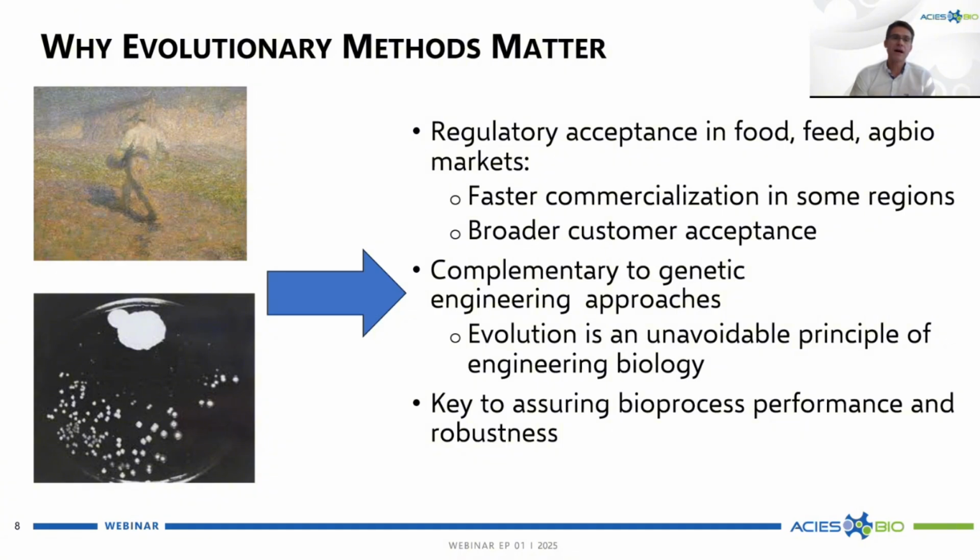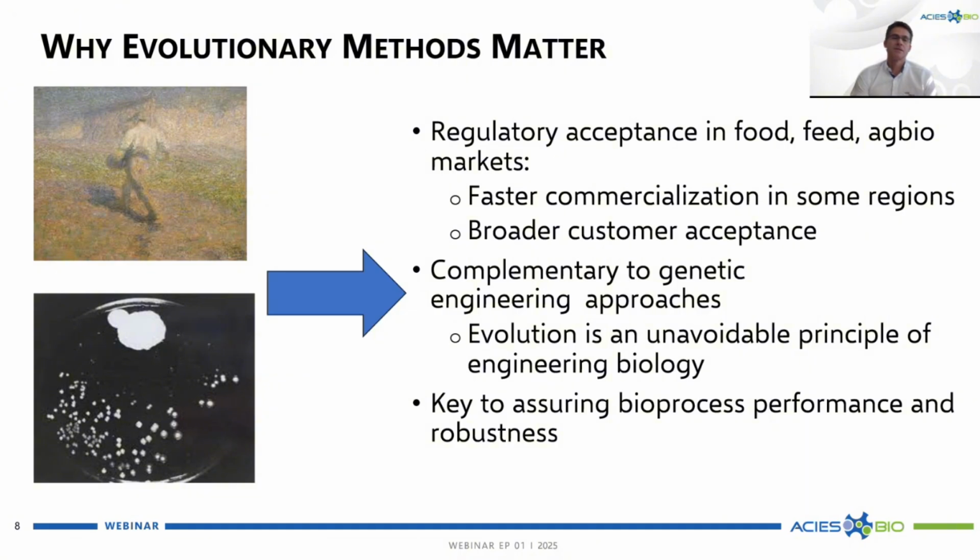So the question is, why do these evolutionary methods still matter today? And we'll have a look at this in today's seminar. There are many aspects why this is still really important. The first aspect is, of course, the regulatory acceptance.